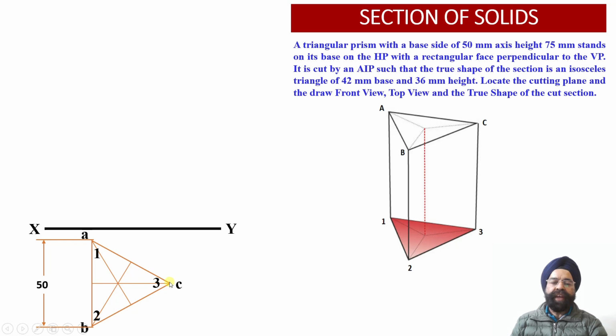Now let us evaluate the axis point of this triangular prism. In order to evaluate the axis point, we need to draw perpendicular bisectors from each of the 3 corners onto the opposite edges. From point 3, we draw the perpendicular bisector of the base edge 1, 2, so the first perpendicular bisector projector we have obtained. Similarly, from point 2, we have obtained the perpendicular bisector of the edge 1, 3.